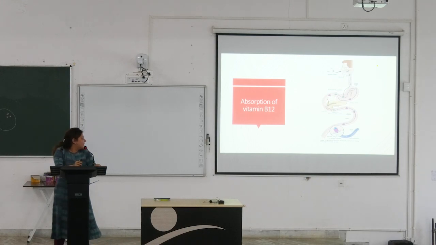So, this is the vitamin B12 picture. This picture is also taken from Robbins. The vitamin B12, the blue dot, is bound to a binding protein and it is ingested.